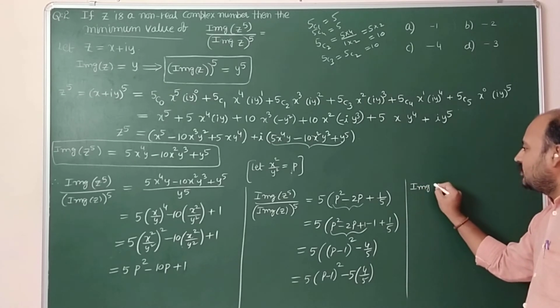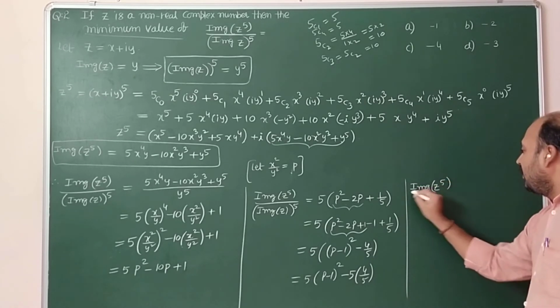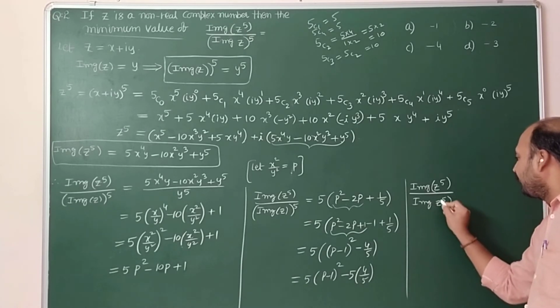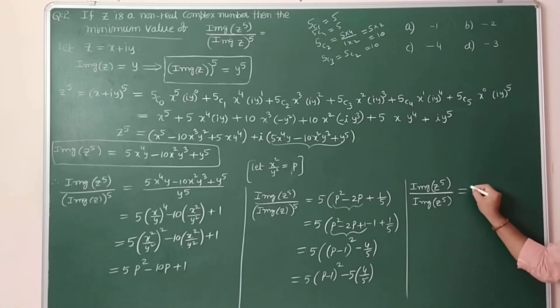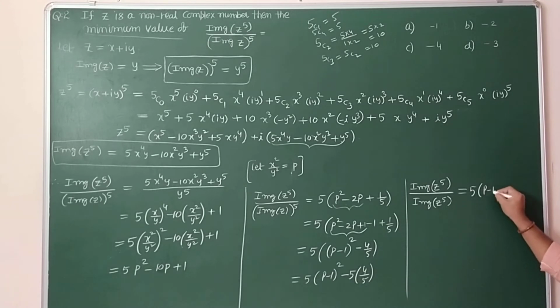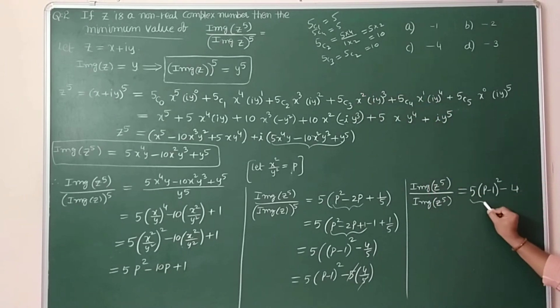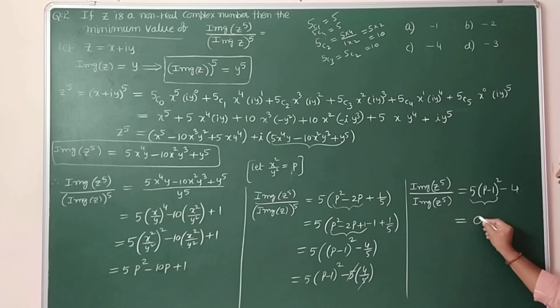Imaginary part of z power 5 divided by imaginary part of z power 5 is equal to 5 into p minus 1 whole square minus, here 5 gets cancelled, 4. To get the minimum value, this value is greater than or equal to 0.